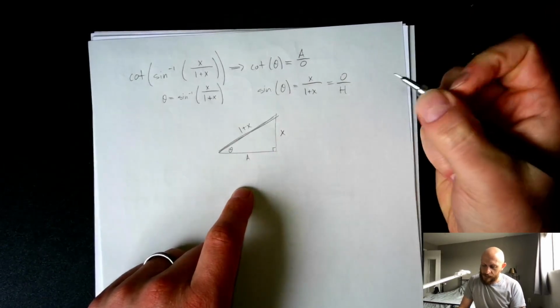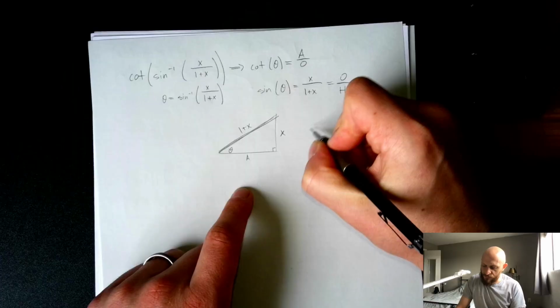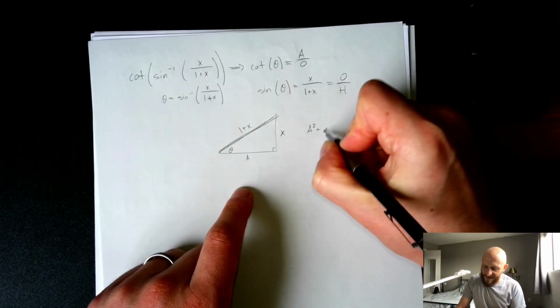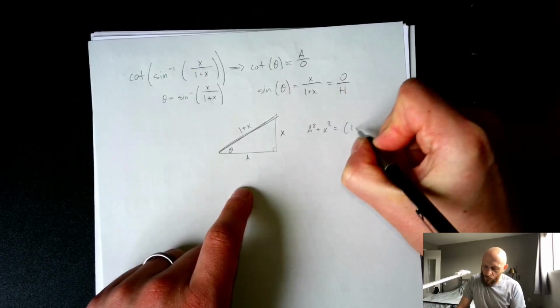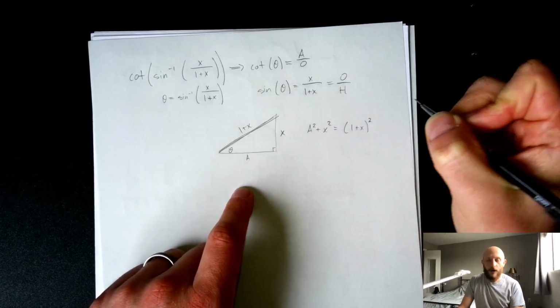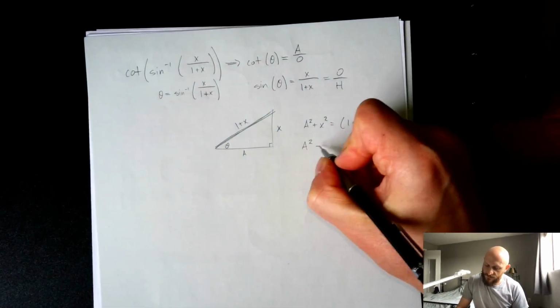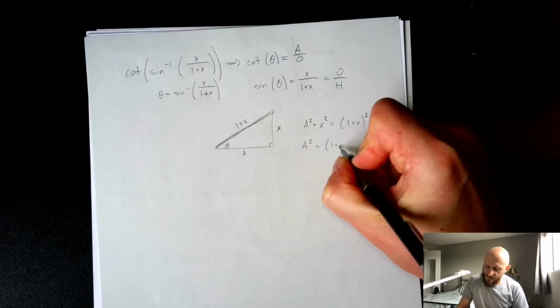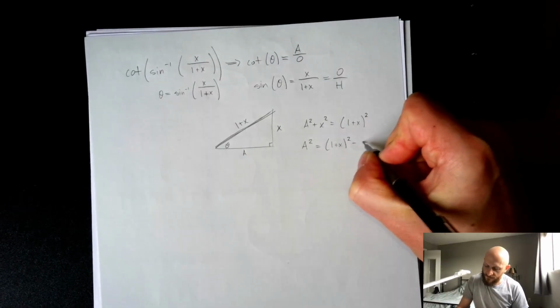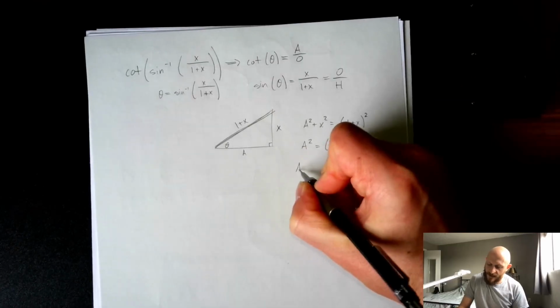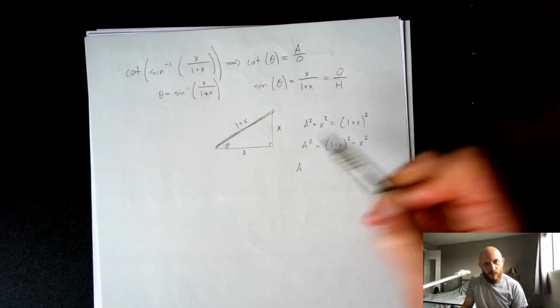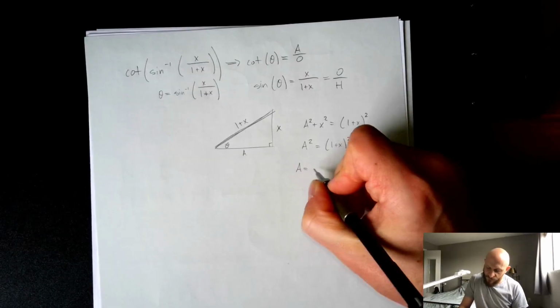Well, by the Pythagorean theorem, we know that a squared plus x squared equals (1 plus x) squared. So it must be the case that a squared is equal to (1 plus x) squared minus x squared. So a itself, because we don't want a squared, we want a, must be the square root of that.